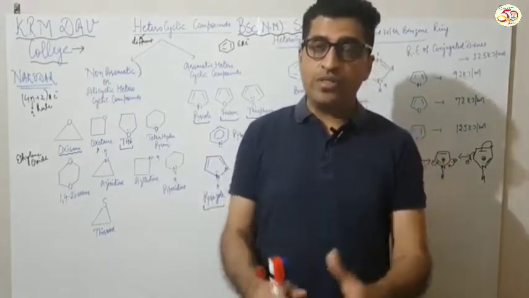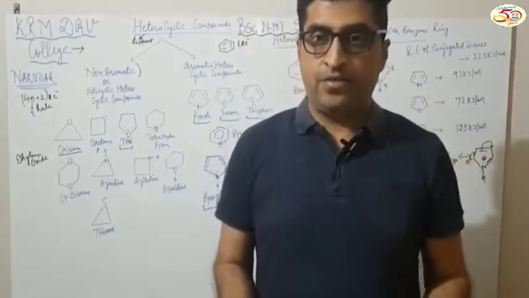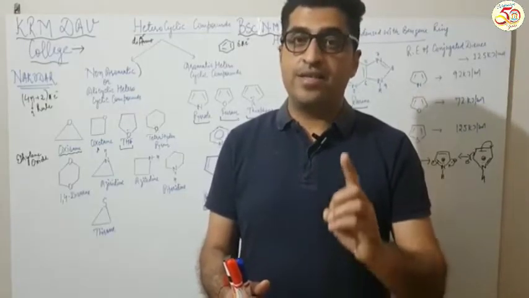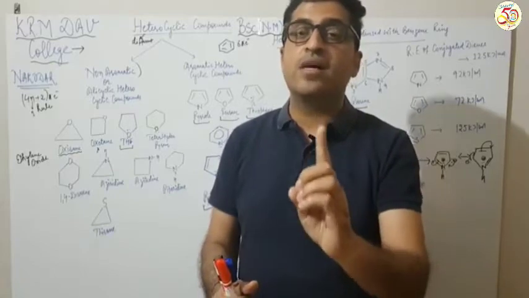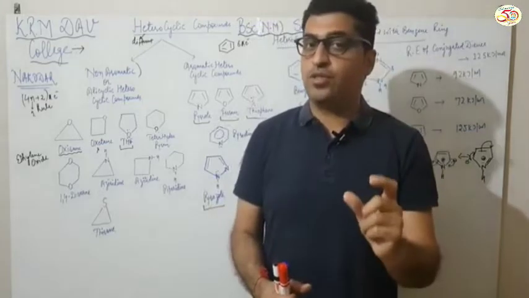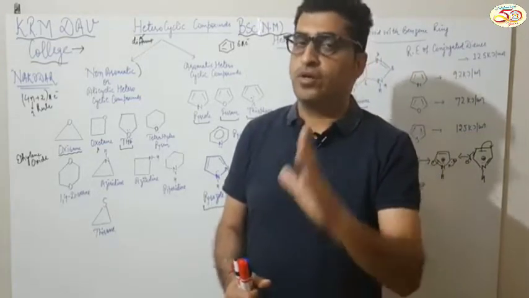And which kind of reaction is the most favorable reaction of alkanes? We must know the most favorable reaction of alkanes is free radical substitution reaction. So I give stress to the word substitution. Why substitution? Because alkanes are saturated molecules.